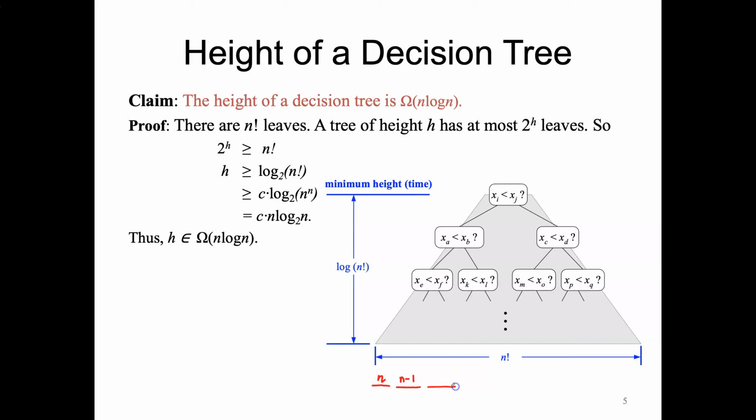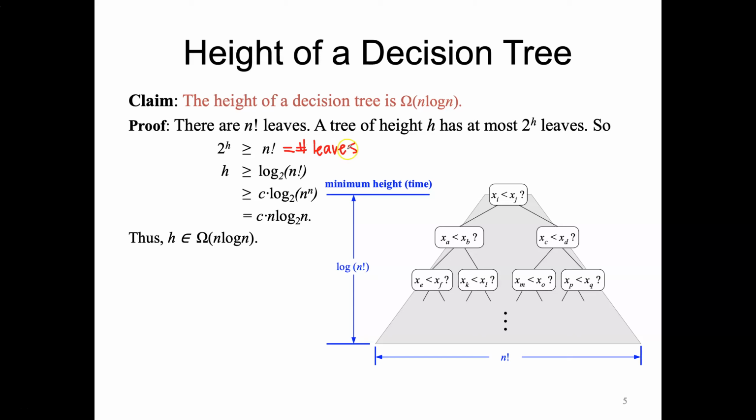Then we pick the next one. We've already chosen 2 items, so now we have n-2 choices for the next one. And we multiply each of these together because we have to perform each one of these tasks. So the total would be n factorial. This is how many different permutations we have, which is how many leaves we have. So this is the number of leaves in our tree.